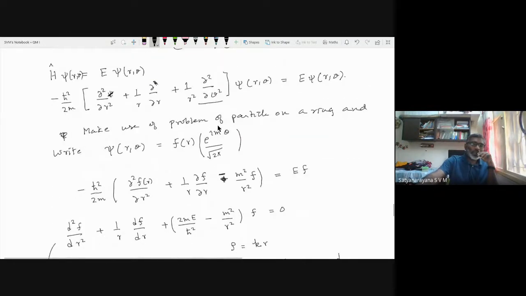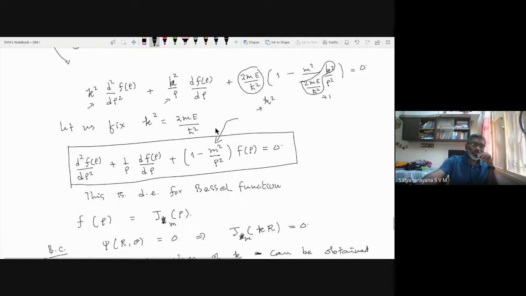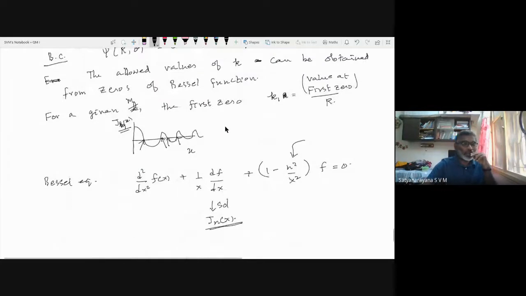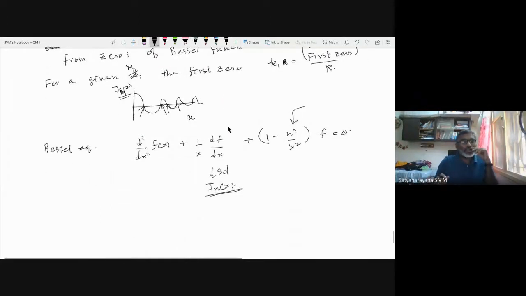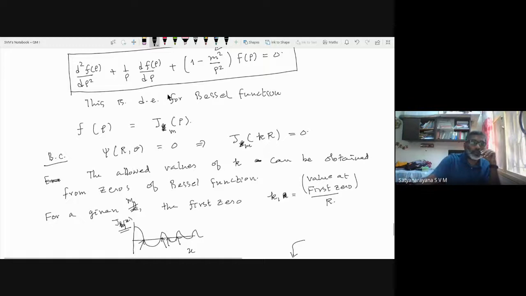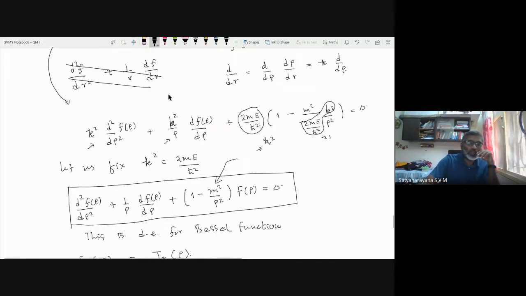You can see that the Bessel function is what is important, and if you have not studied Bessel functions in your special functions, then you may have to recall them a little bit. If you want to solve problems of this type, you have to have some idea of what a Bessel function is.